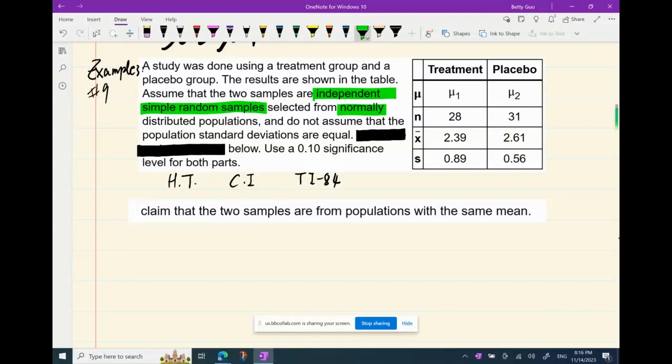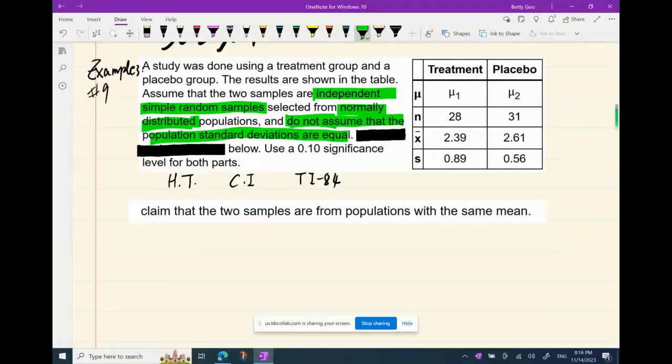Normally distributed. All the requirements are met. Even though it did not mention population standard deviation, we do not assume they are equal, so they are unknown and not equal to each other. All four requirements are satisfied.